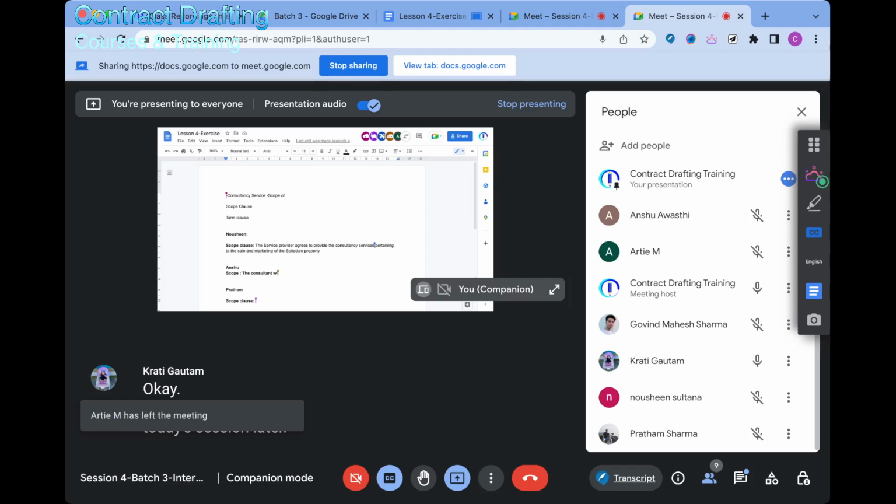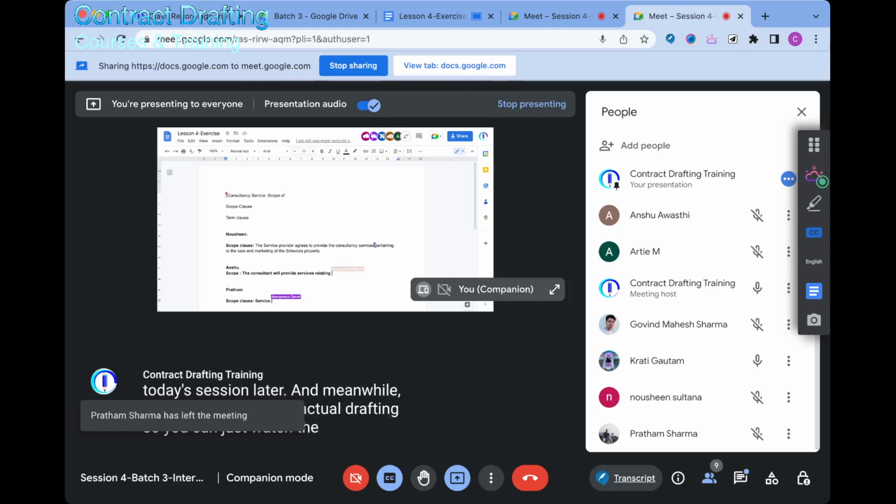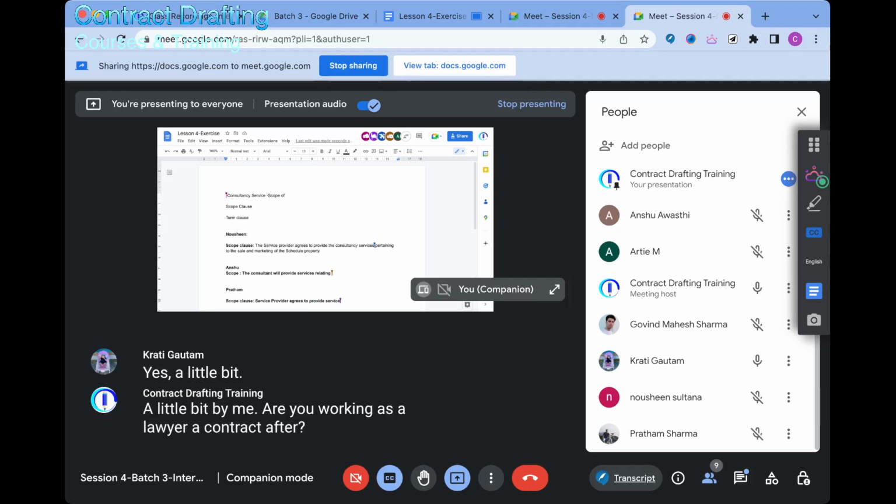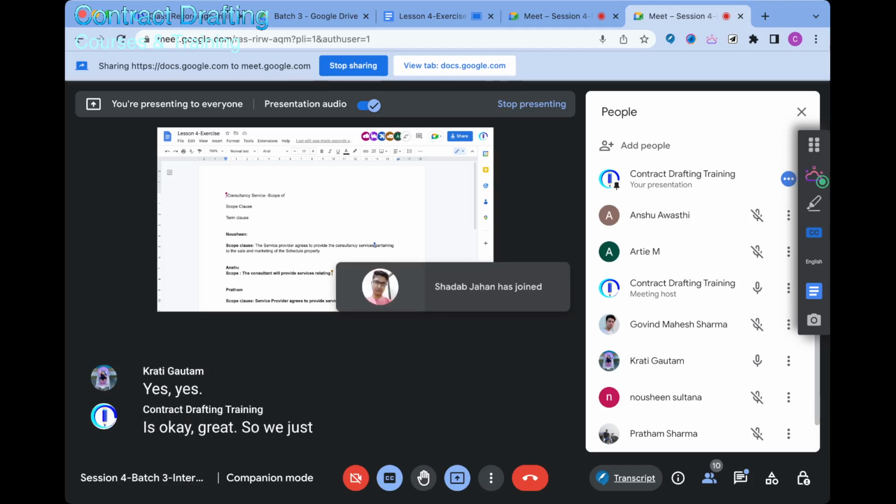Do you have some experience in drafting? Yes, a little bit. Are you working as a lawyer or contract drafter? Yes. Okay, great. So we just discussed the scope clause, the payment terms, the termination, and all that.